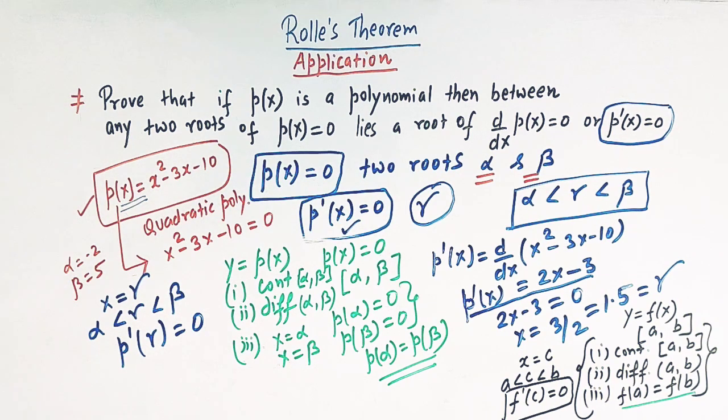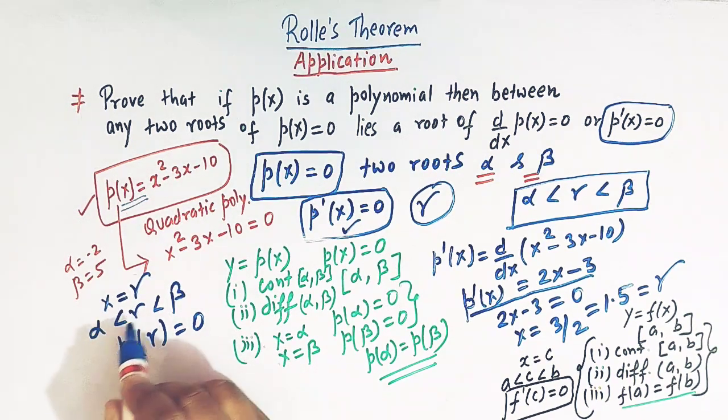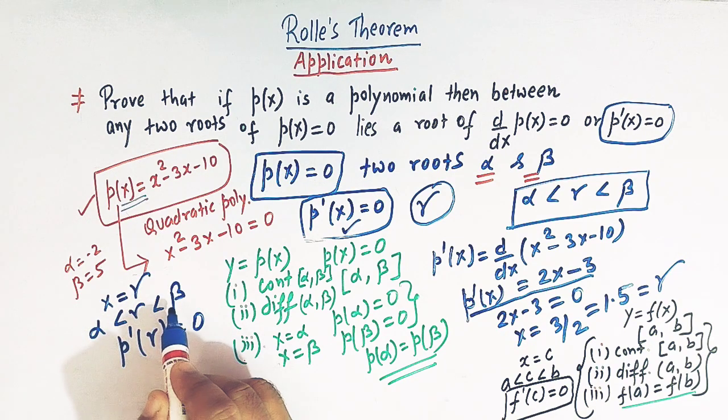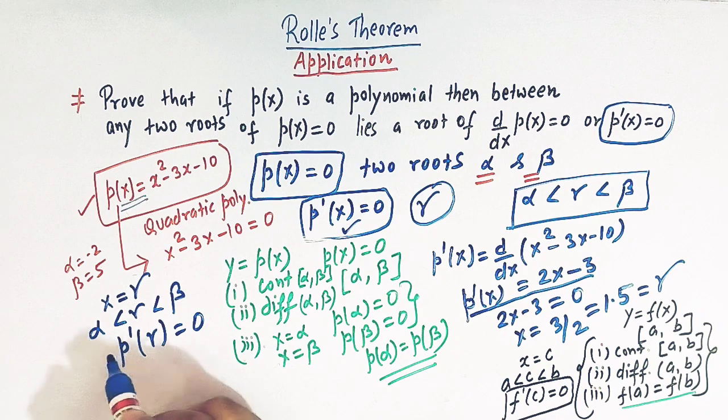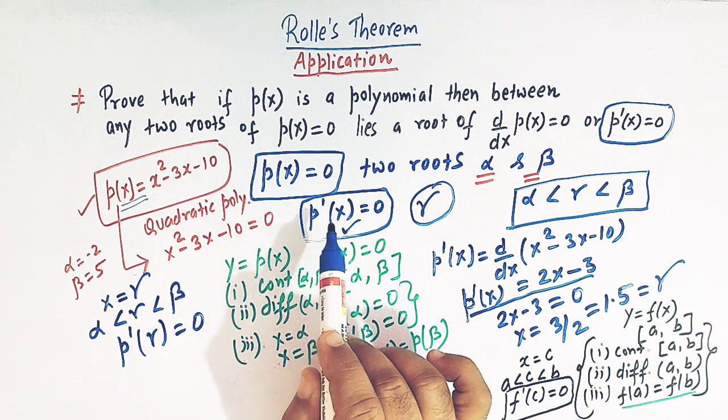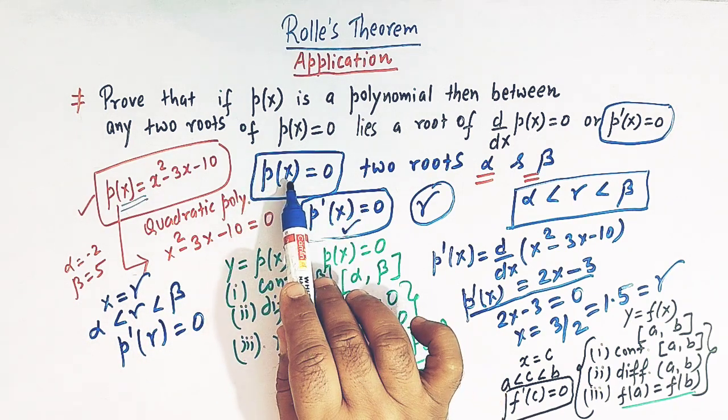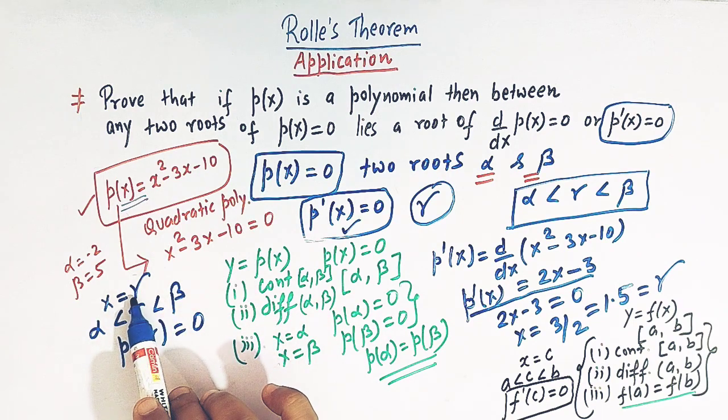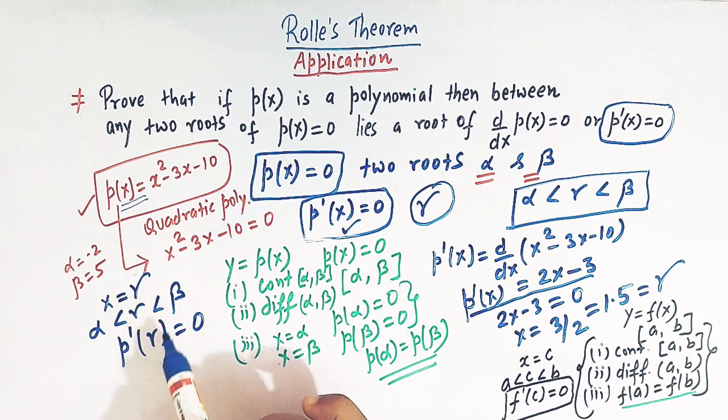So we see that there is a number gamma which lies between alpha and beta, such that the derivative of p of x at this point, x is equal to gamma, must be equal to 0.